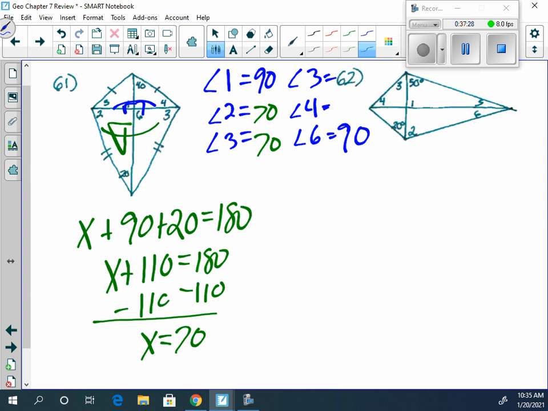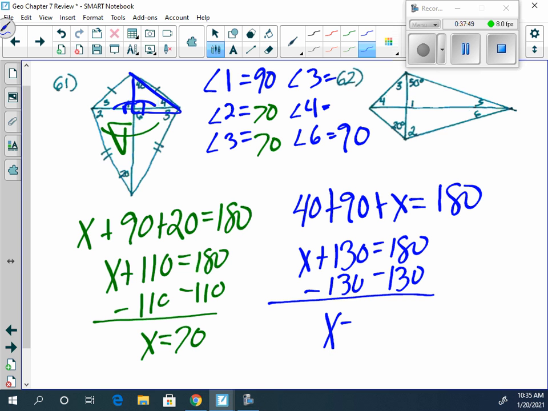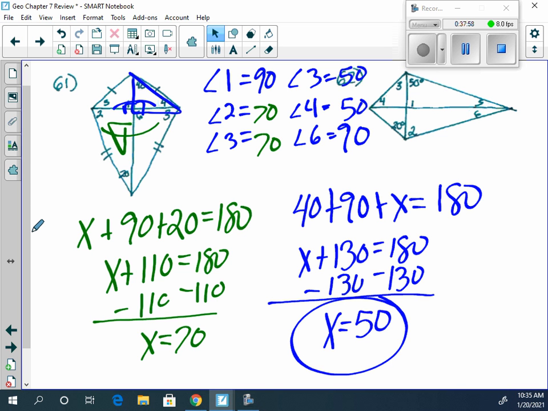Up in this top spot, I have 40 plus 90 plus angle 4, and that should equal 180, yes? Well, 40 plus 90 is 130. And to get x by itself, I would subtract 130 from both sides, telling me x is equal to 50. So angle 4 and 5 would both be 50 degrees.